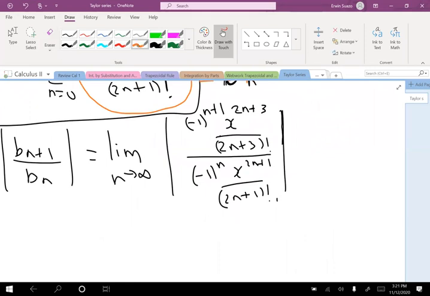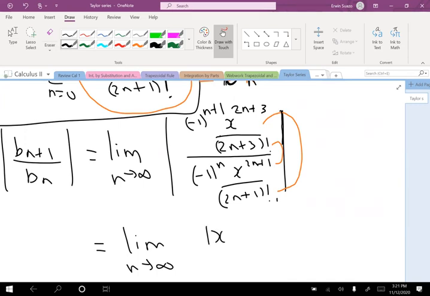Now we do the flipped multiplication. And then the minus is gone. We don't worry about the minus because that's why we have the absolute value. Otherwise, this limit would be really hard to find. So thanks to the absolute value, the minus is gone.